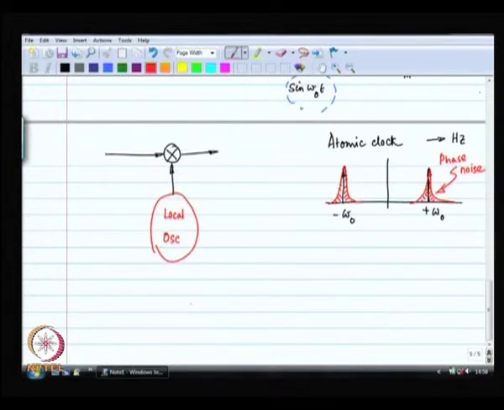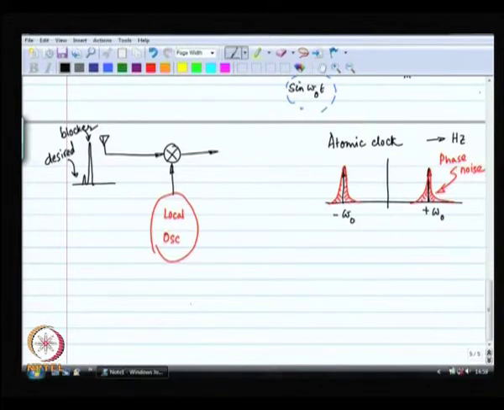Now, think about it in a different fashion. Let us say that at the antenna I am receiving my desired signal, and right next to the desired signal I am receiving a blocker. All right.